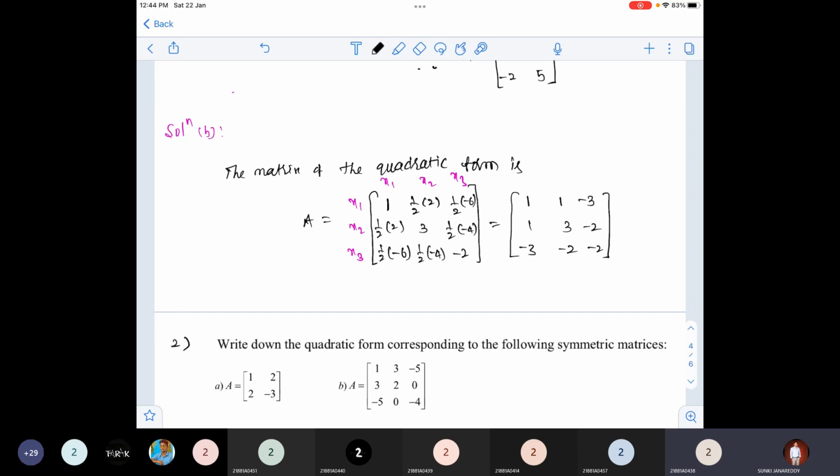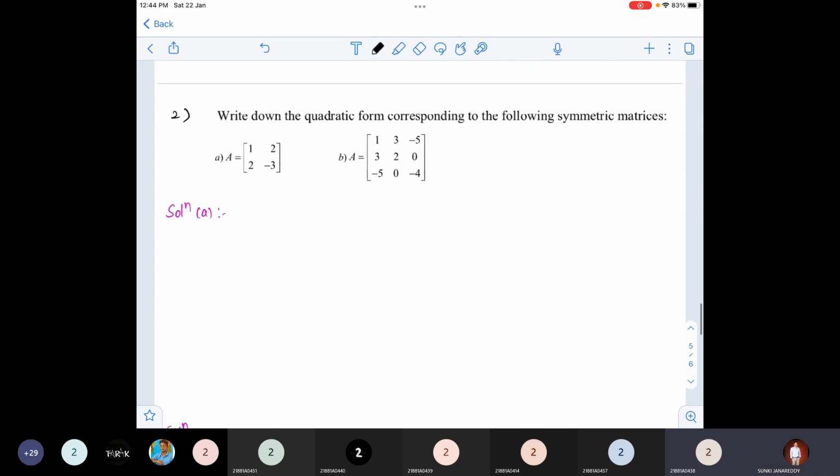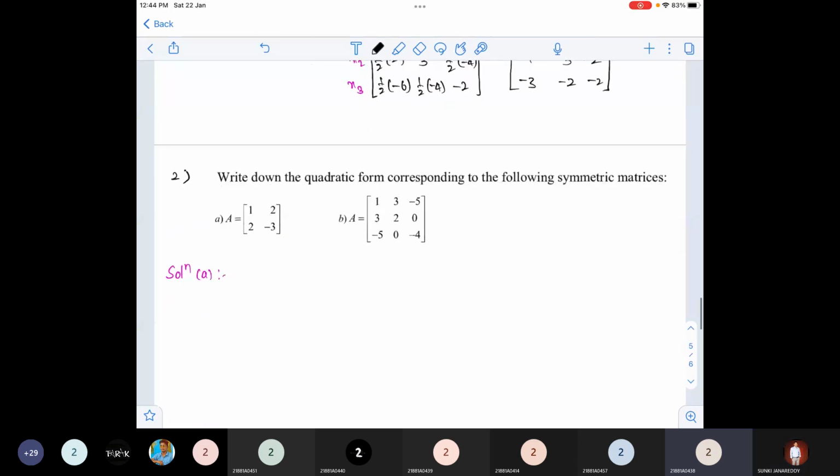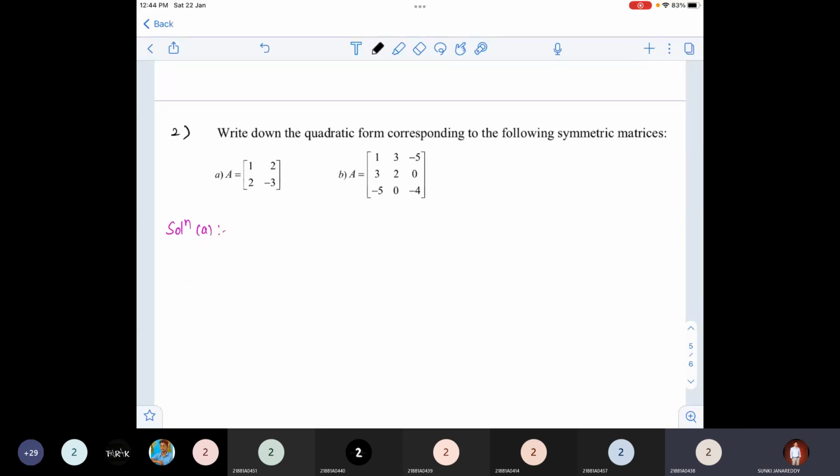All of you write down. Next question, write down the quadratic form corresponding to the following symmetric matrices. Quadratic form means that is generally, question completed? No, sir.